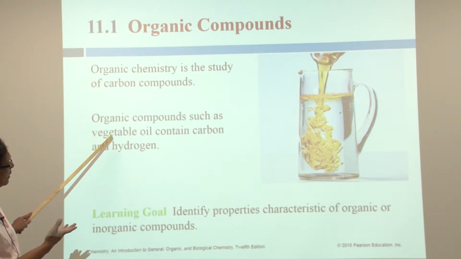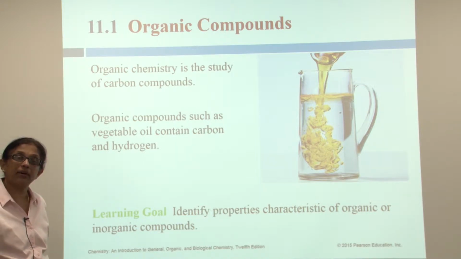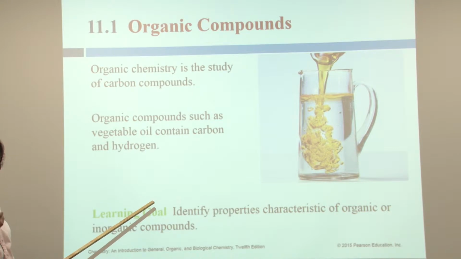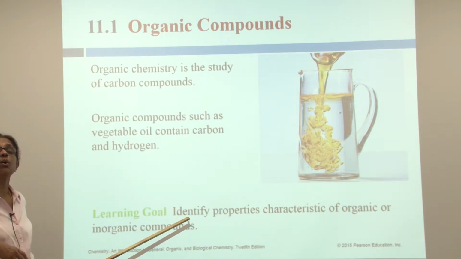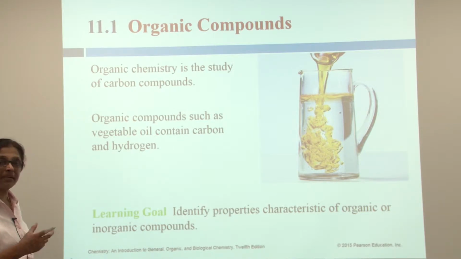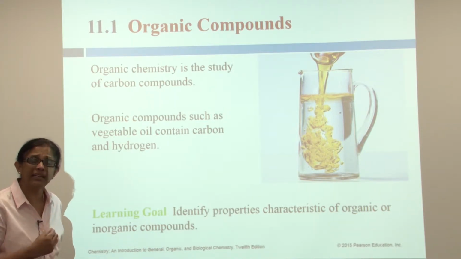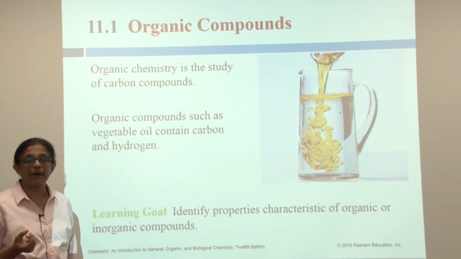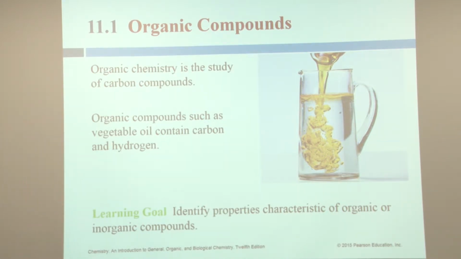The most common organic compound, vegetable oil, is an organic compound. It is made up basically of two components, carbon and hydrogen, with more elements added. So we will get into all of that, but right now we can define organic compounds as hydrocarbons, compounds with carbon and hydrogen.